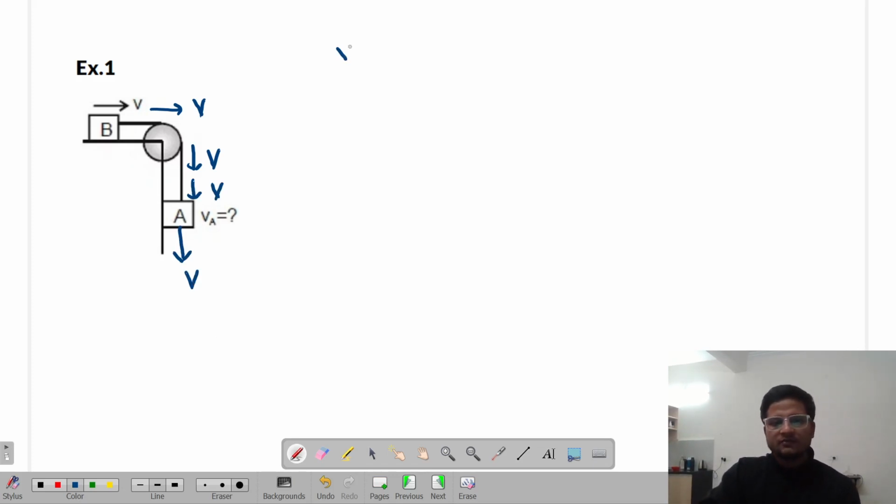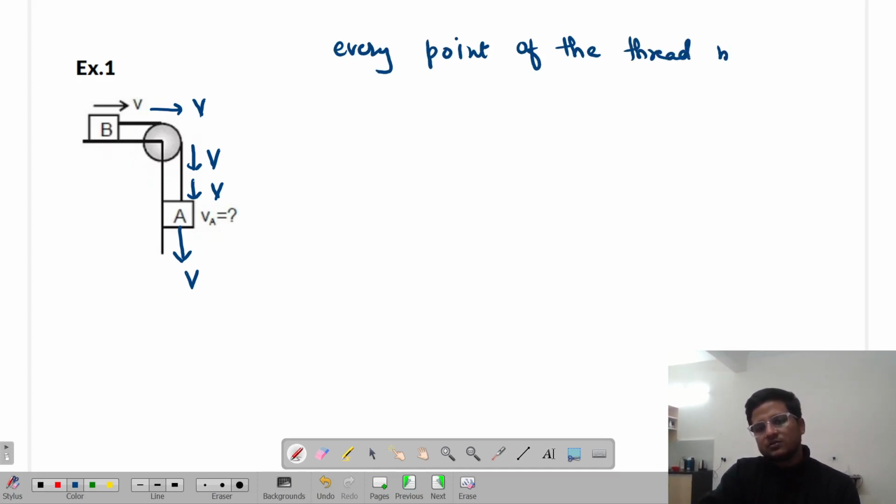Yes. So remember that every point of the thread moves with same magnitude of velocity. Same magnitude of velocity.